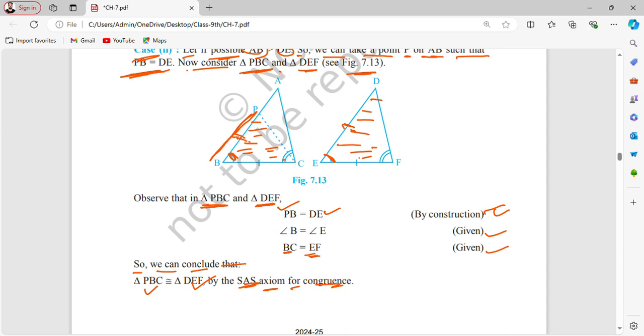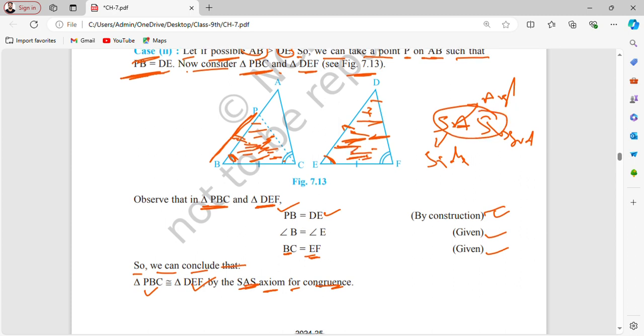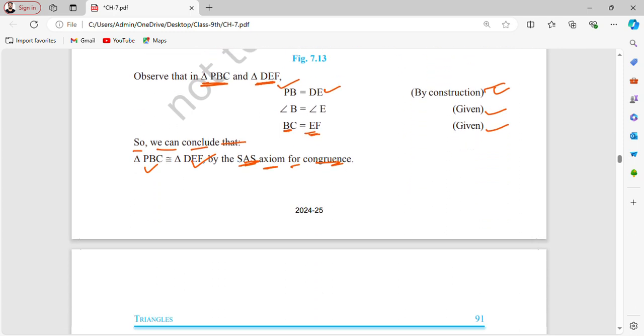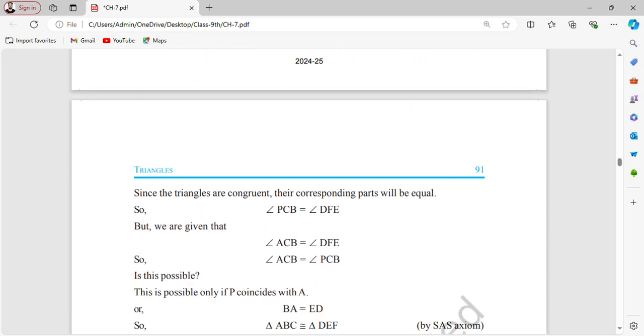So by the SAS property we can prove this triangle congruent to this triangle. SAS means side, angle and side. So by this congruency rule we can say that both triangles are congruent. Now let us move forward.